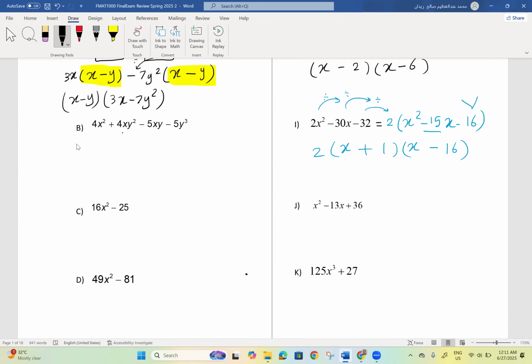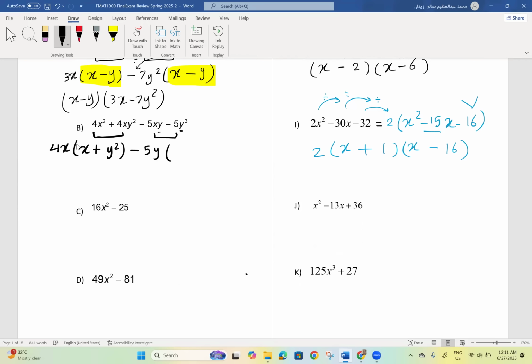Now, just to make a group again, this is a group and this is another group. The first group, the highest common factor is 4x. The remaining part is x plus y squared, since 4xy squared divided by 4x is y squared. And then take minus 5y. You have a y, look, y is a common factor, 5y.